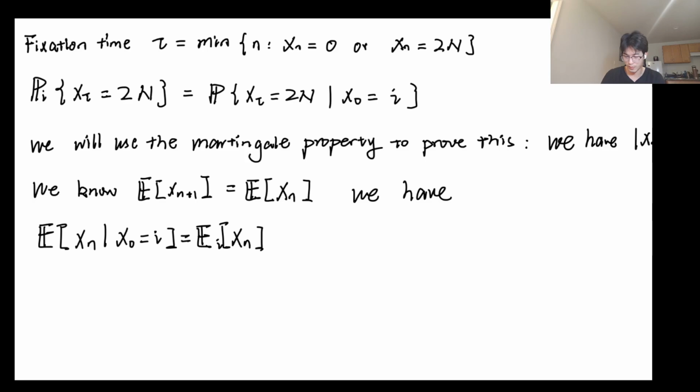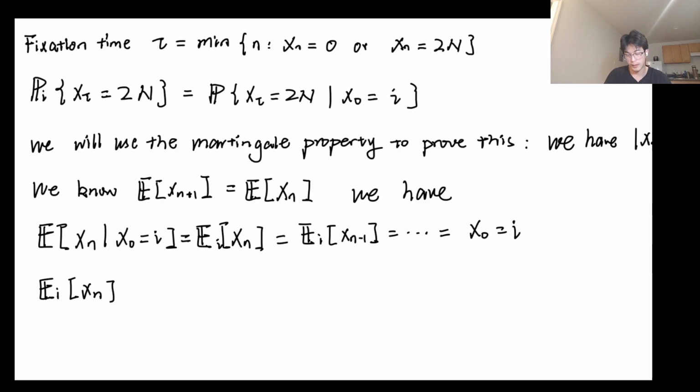And this is pretty simple. You know that you are at x_n and the beginning is x0, and you can just keep iterating. It is for sure equal to x_{n-1}, and you can do basically the same proof as the previous computation of expectation. You get x0, which is equal to i. And another way to write this, we want to build a bridge between this expectation and probability.